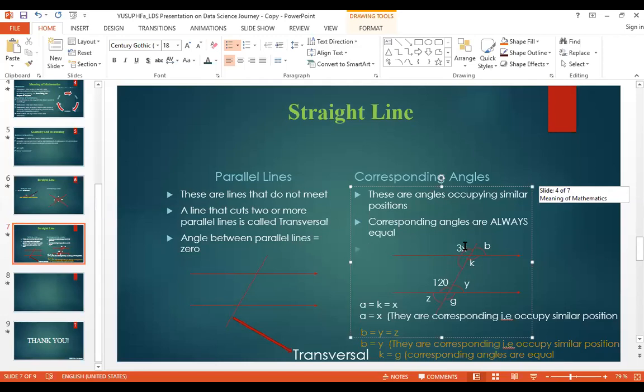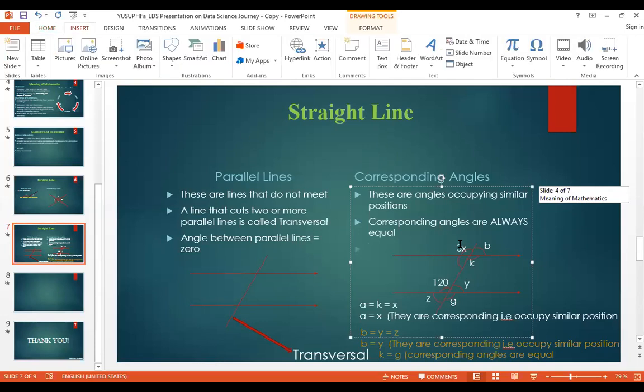Now, X is 40, right? If X is 40, what is 3X? 3X means 120, right? Actually, we don't need that. This place is 120.